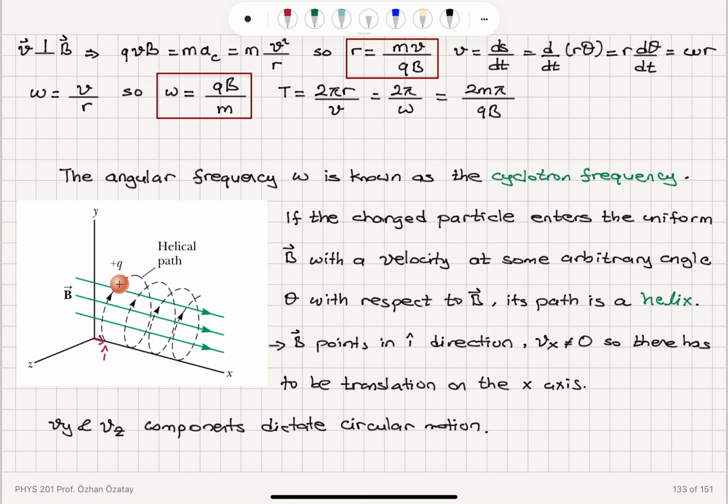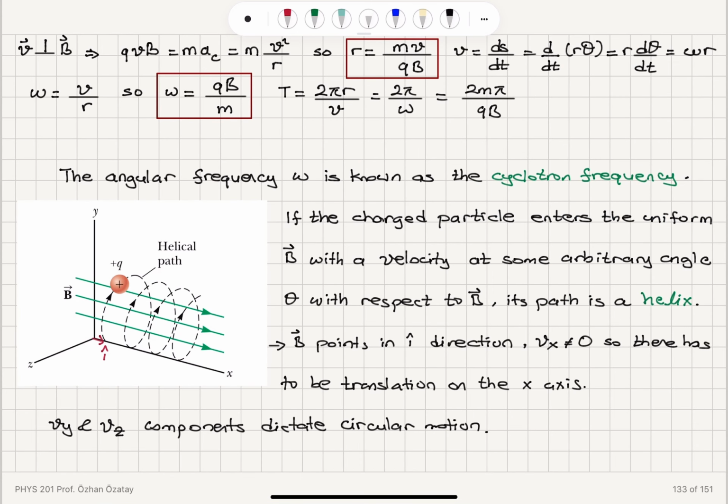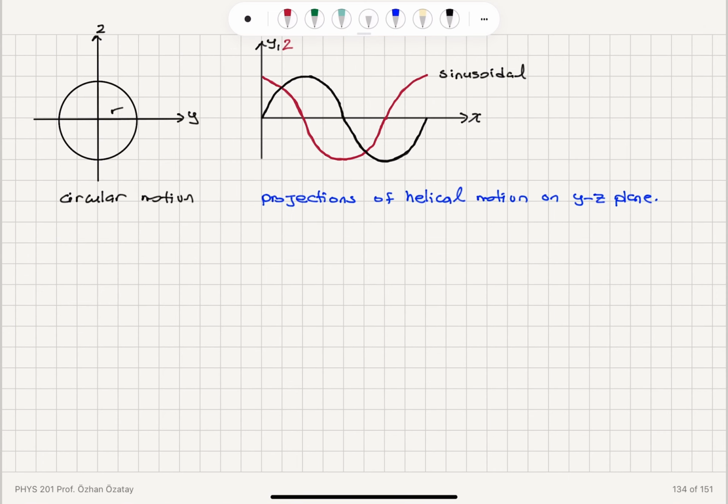Whenever we see a minimum on the y component, for example, down here, we will see a 0 on the z-axis.